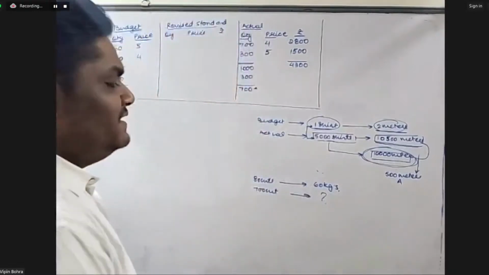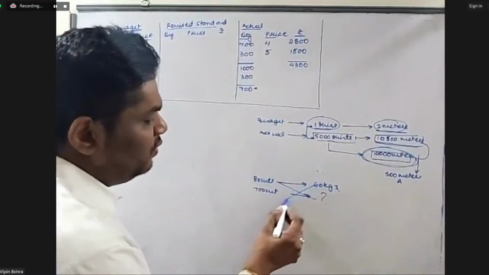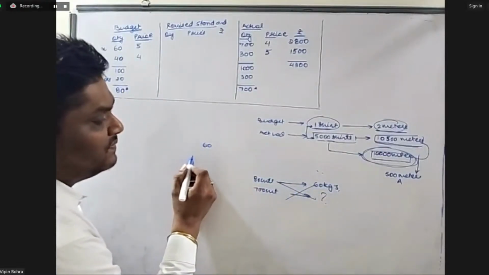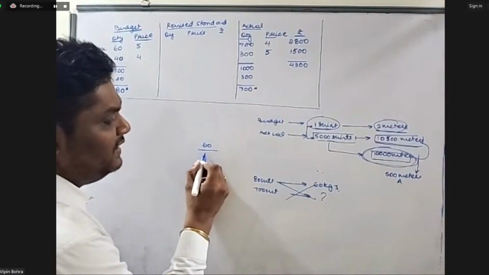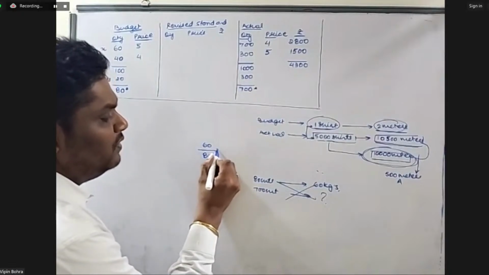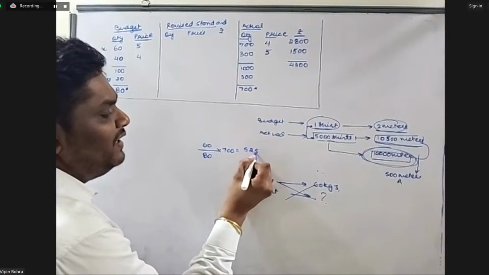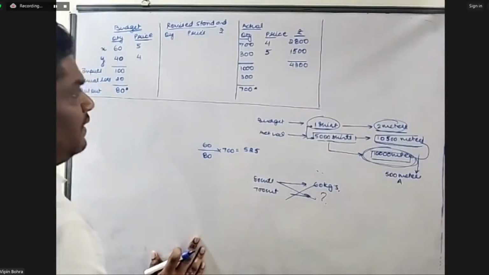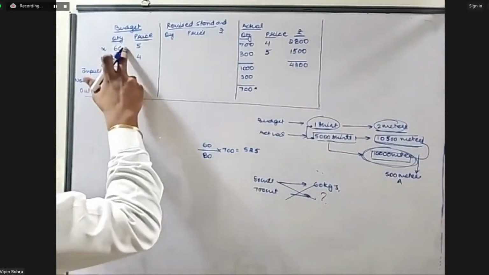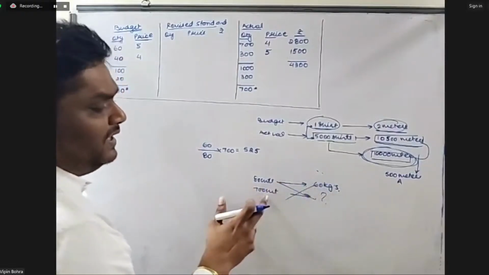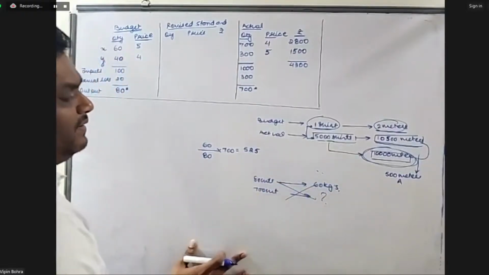So the approach is very simple: the cross multiplication rule. 60 kgs for 80 output. So for 700 output, how much? The same cross multiplication: 60 into 700 divided by 80.